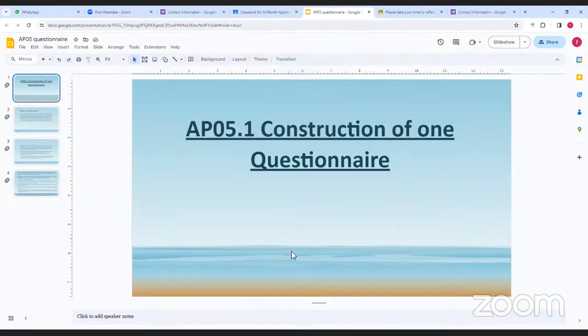Any other? Questionnaires could be for testing purposes also, like for assessment. Assessment of what?